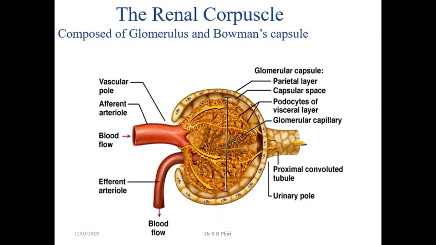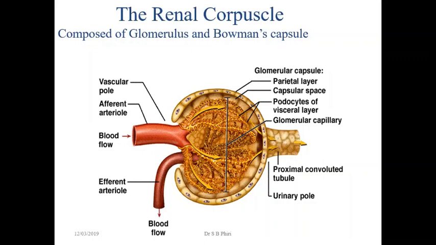After the basement membrane, you have the podocytes. The podocytes are part of the capsule, and they are covering the capillaries. So the podocytes are cells that send foot-like projections to cover the capillaries. But these foot-like projections have openings in between them. They have slits, which are called filtration slits.